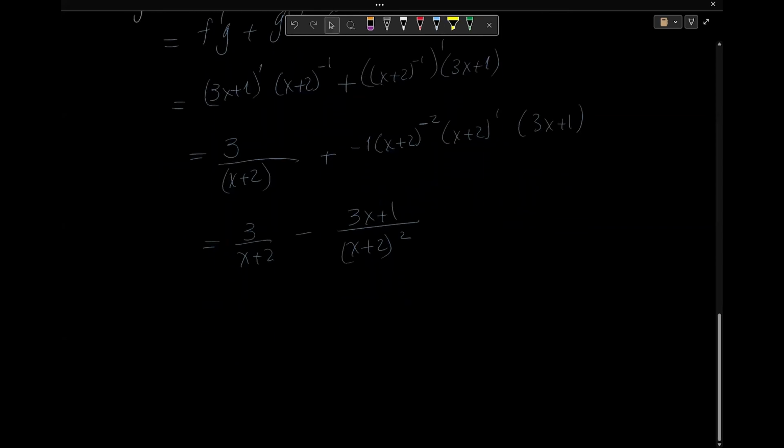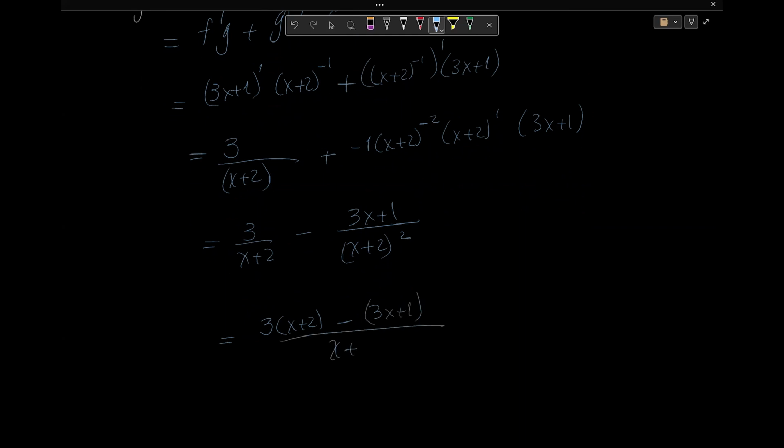And now if you want to get a common denominator, you'll have 3 times x plus 2 minus 3x plus 1 over x plus 2 squared. Of course, we can simplify. We'll get 3x plus 6 minus 3x minus 1 over x plus 2 squared.